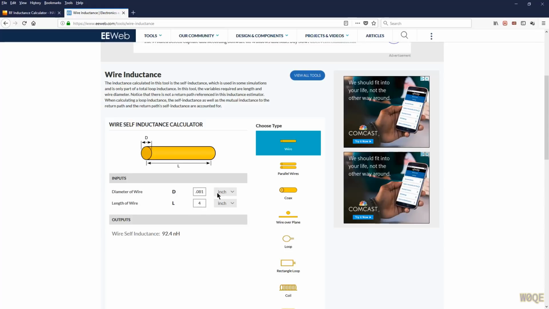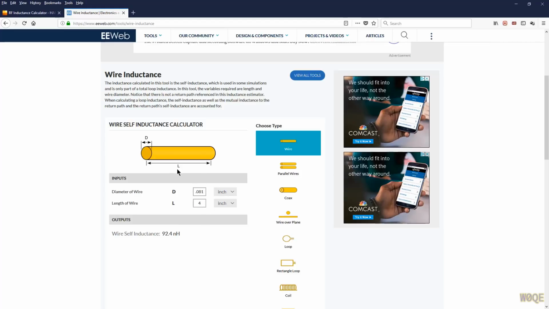But roughly 2 millimeter diameter wire, roughly 100 millimeters long, is 92 nanohenries. This 92 nanohenry piece of wire represents not an unreasonable length of wire between components in a high-powered antenna tuner. And it's 92.4 nanohenries of uncompensated inductance. That may or may not matter in our circuit.